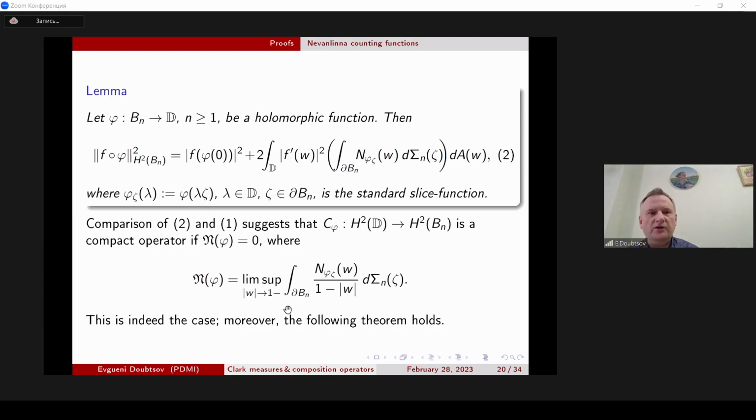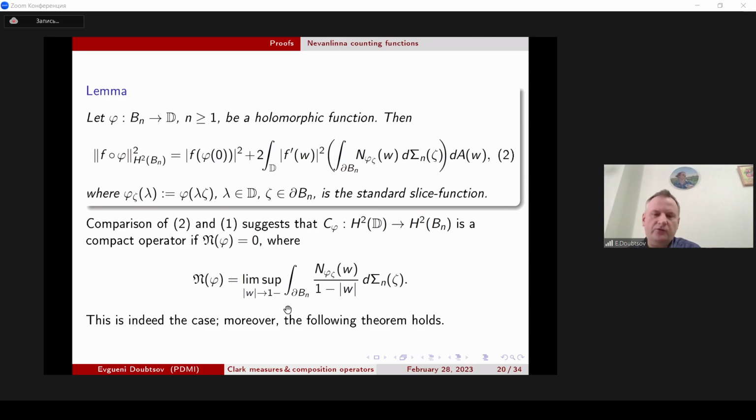If you have phi defined on the unit ball, the slice function is, for each point zeta on the sphere, we consider phi sub zeta of lambda, which is phi of lambda zeta. This is a function already defined on the disk, a holomorphic self map of the unit disk. So informally, this formula 2 explains how to integrate compactness by slices.